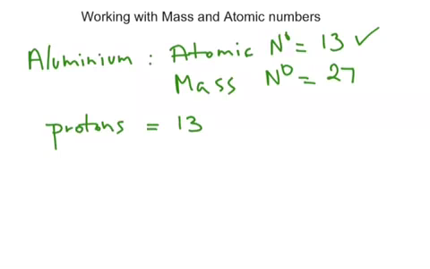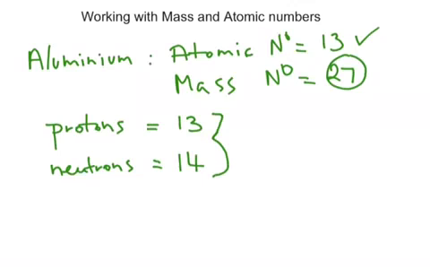It has a mass number, however, of 27. Now the mass number is the number of protons and the number of neutrons. It should be fairly simple to work out that if aluminium has 13 protons and it has a mass number of 27, it would therefore have to have 14 neutrons. So the number of protons and the number of neutrons together make up the mass number, which is 27.